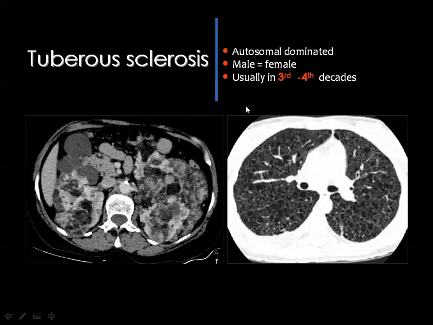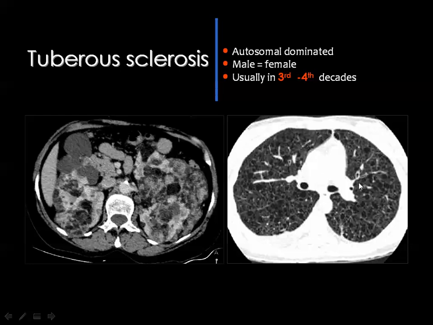One of the possibilities in this domain is the tuberous sclerosis, which is an autosomal dominant disease, affects equally males and females, usually in the third and fourth decade. The disease affects the lung in a similar way to the previously mentioned lymphangioleiomyomatosis.